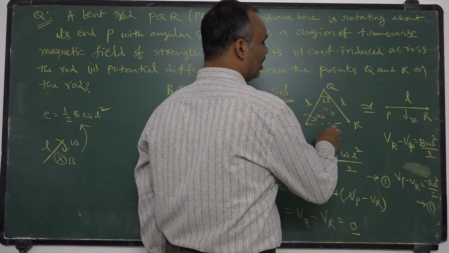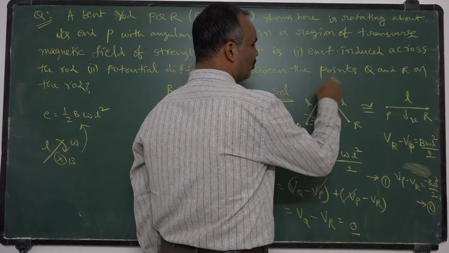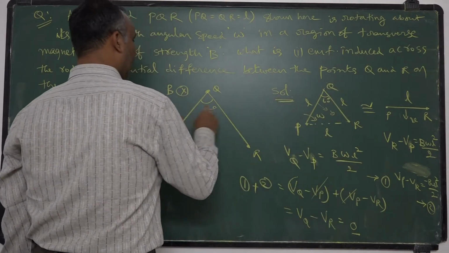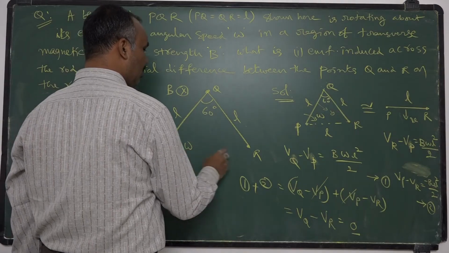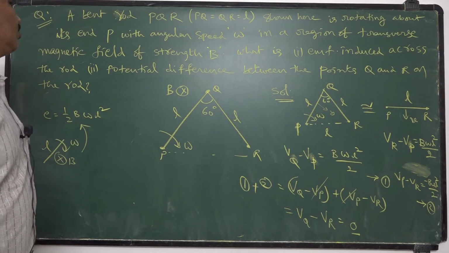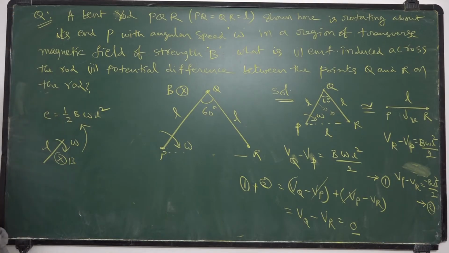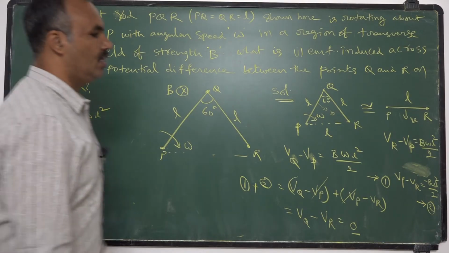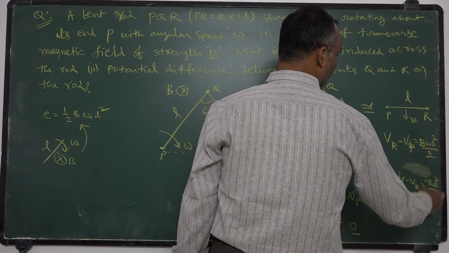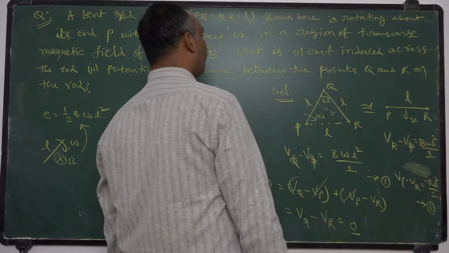So no need of calculating this, as it is an isosceles triangle, both are having identical lengths. So as per the question they gave these two lengths are L, then obviously the effective length will be L only. Then for the first question, the EMF induced across the rod, the answer is minus B omega L square by 2.